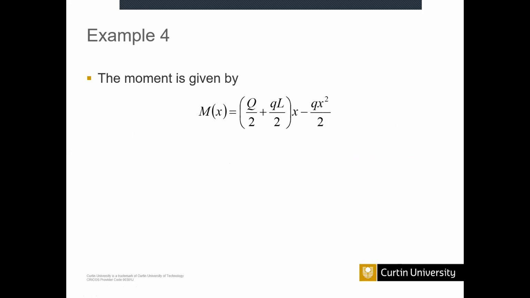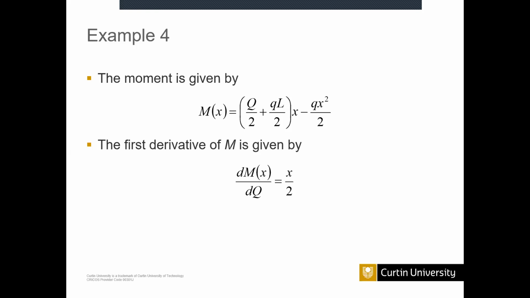Now what you need to do is find the first derivative with respect to Q, dM by dQ. So there are no capital Q terms here, only x divided by 2.